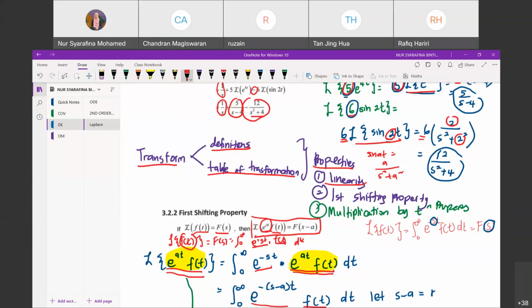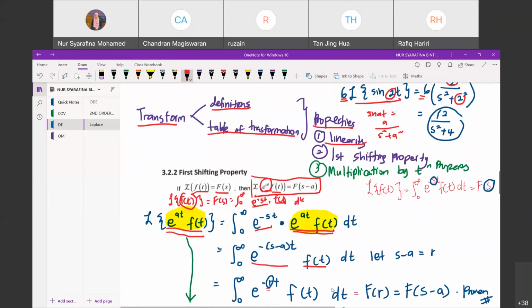So let s minus a equal r. Then it becomes the integral of e to the power of minus rt times f(t), which equals F(r). Why? When you have e to the minus st f(t), you get F(s).